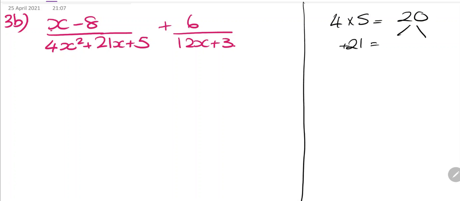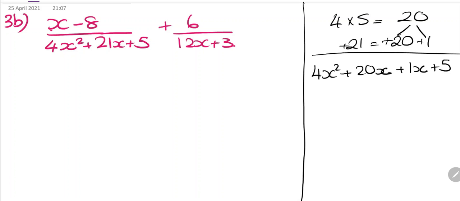That's 20 and 1, and they're both going to be positive. So we're going to write this and then factor by grouping: 4x squared plus 20x plus 1x plus 5.